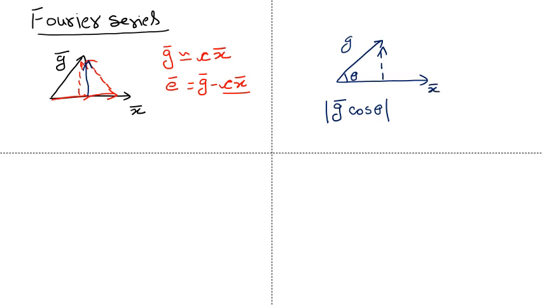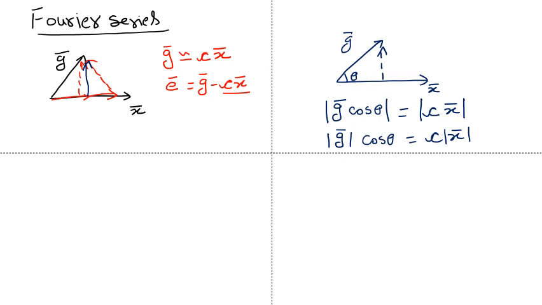This is our x vector, and the g vector. So this will be equal to cx. Now from here you can write mod of g into cos theta is equal to c, a constant, times mod of x.